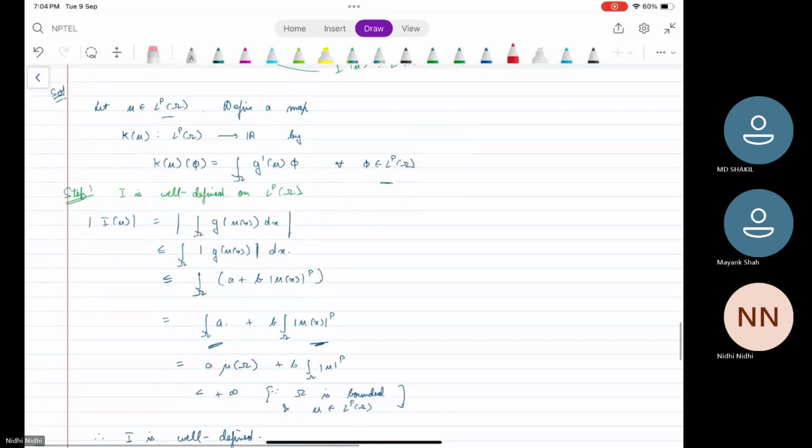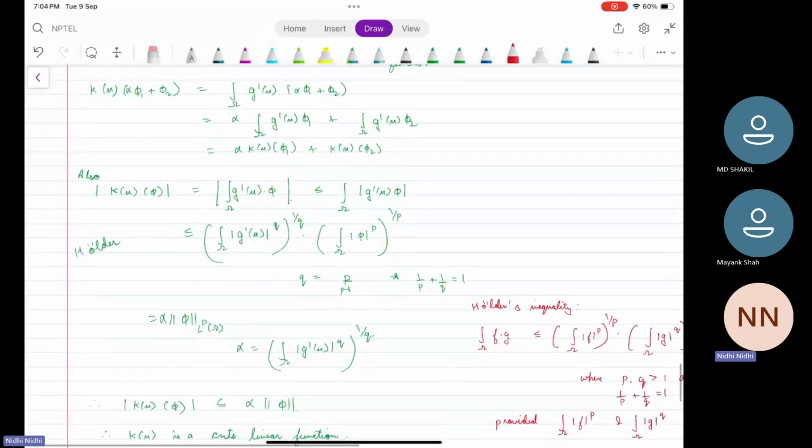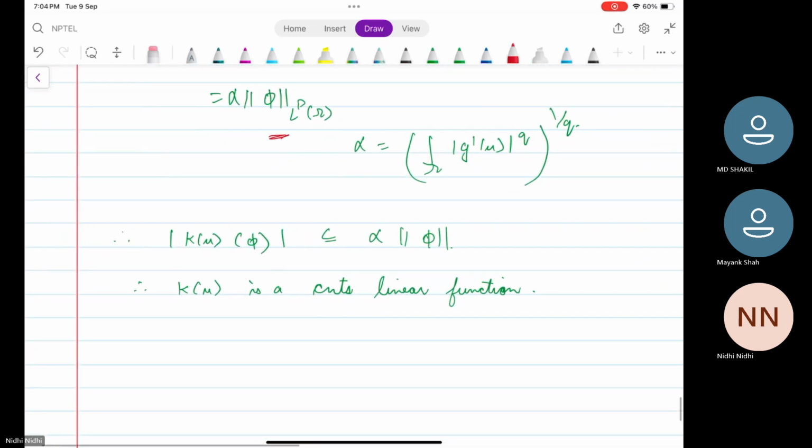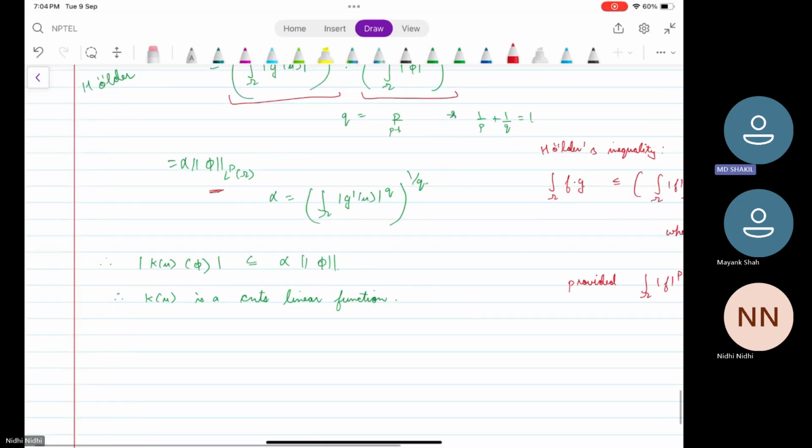So this term becomes the L^p norm of φ, and this becomes the L^q norm of g', and the L^q norm of g' becomes a scalar.